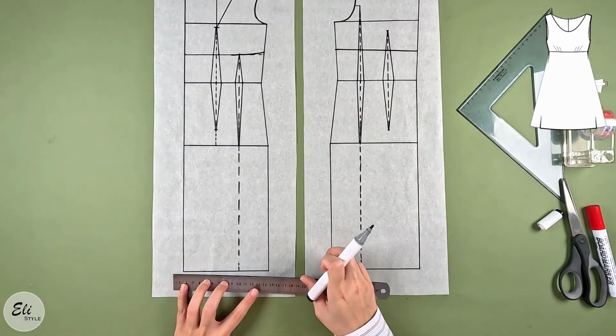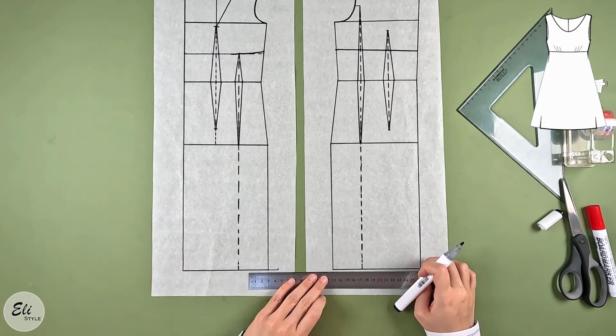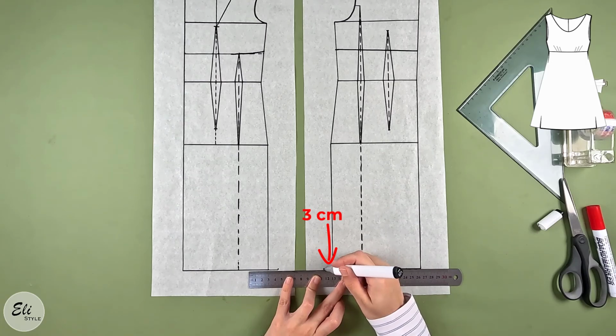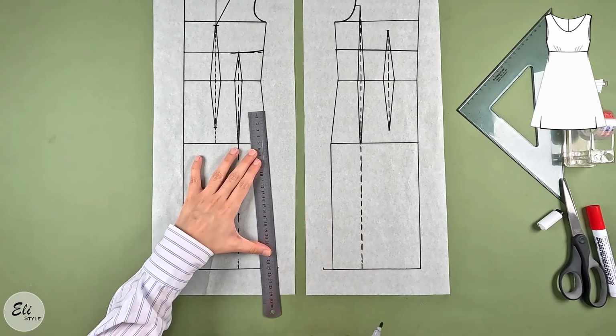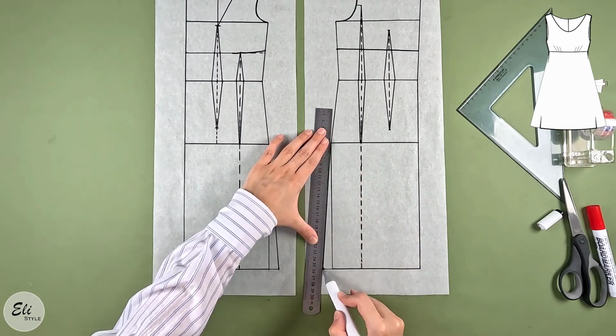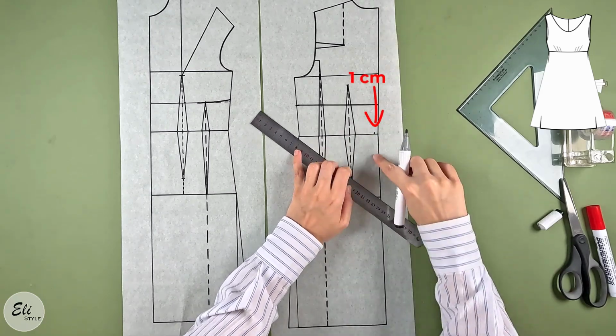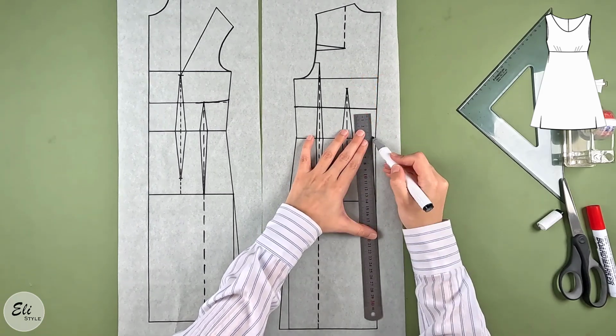Add up to 3 cm to the side seam. For the back, go in by 1 cm and connect it to the neckline and hip line.